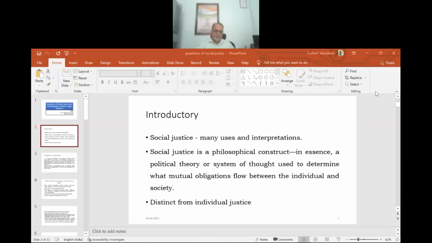So beyond this general meaning of social justice, we may say here that there is no absolute, generally agreed definition of what constitutes social justice. Even for that matter, the definition of the concept of justice itself is not an agreeable matter.